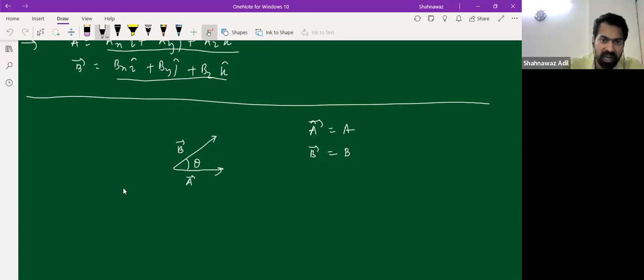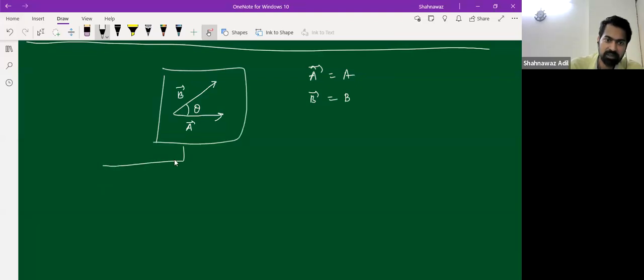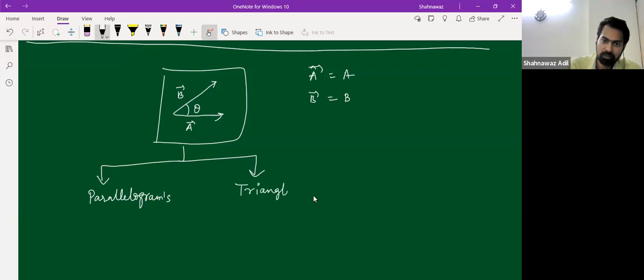For this case, we can do this by applying two laws. One would be the parallelogram law, so we have to follow this law. The other way would be the triangle law. First, let us understand the parallelogram.